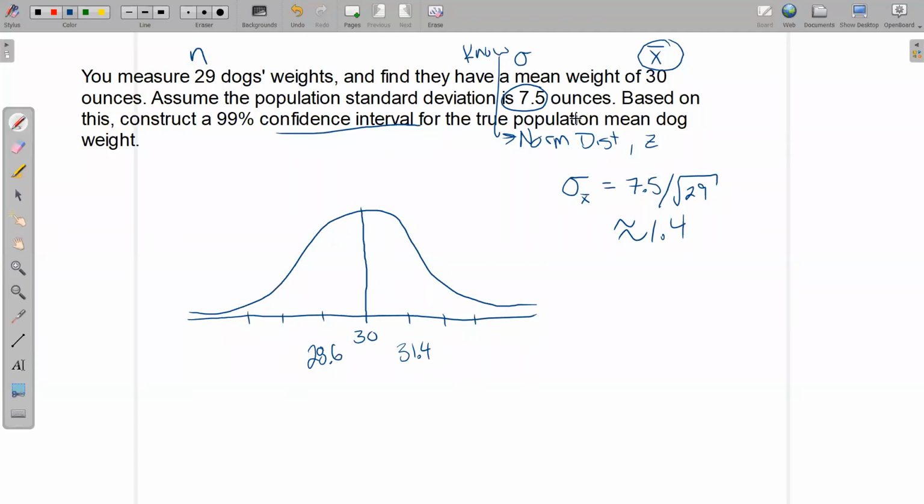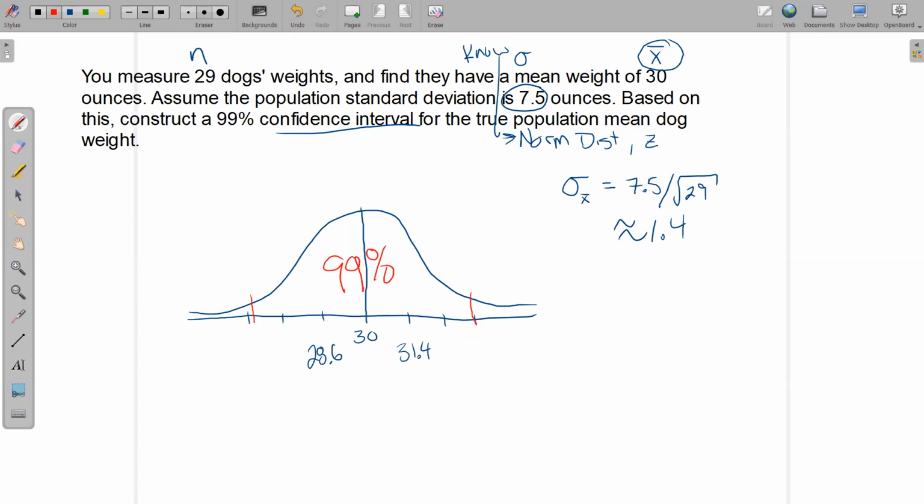And the 99% confidence interval, we need to figure out where that falls. So a 99% confidence interval is going to be pretty close to the third standard deviation. So that's going to be probably right around here for a 99% confidence interval.